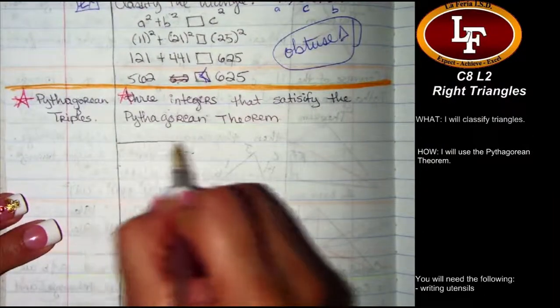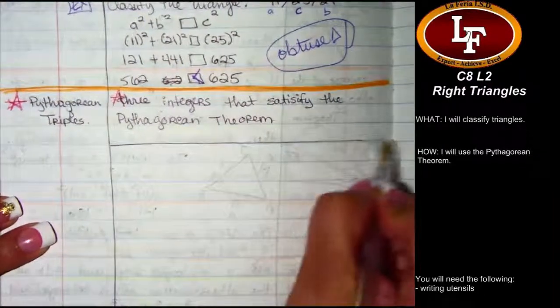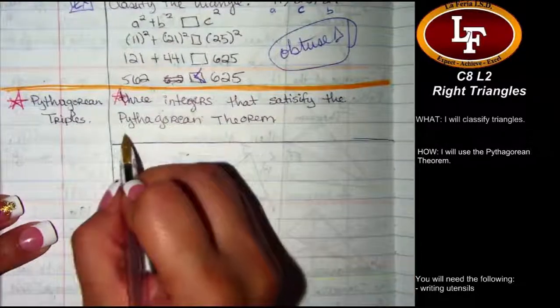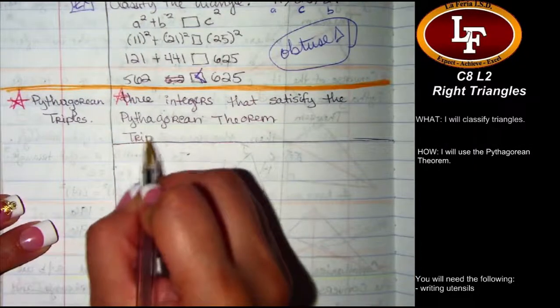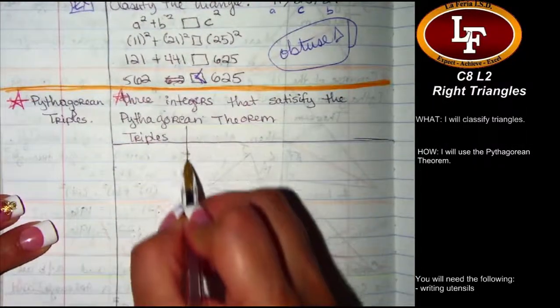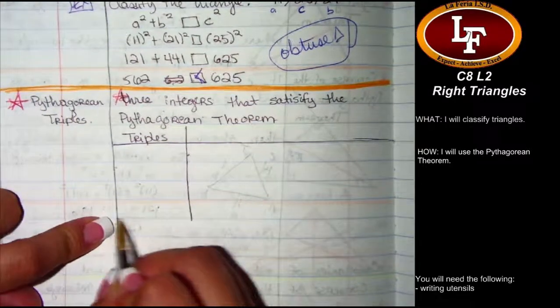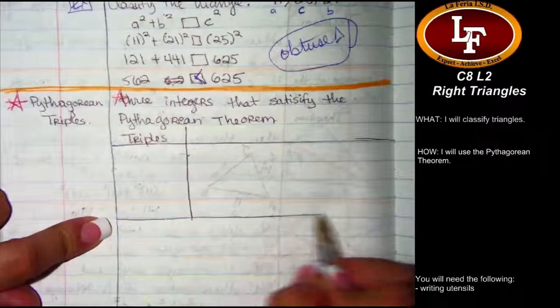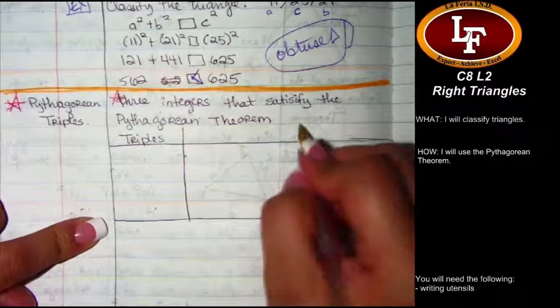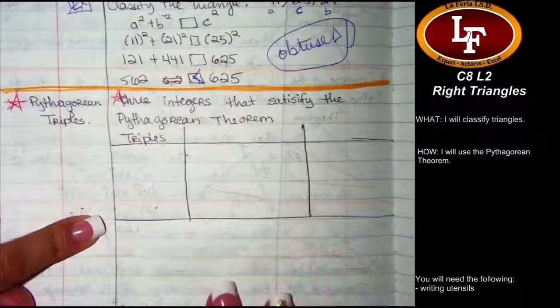I would like you to make, please, a table in your notes. Give me a title where you're going to write triples here. And then make it 4 rows big after the title. So you're going to have a table that looks something like this.